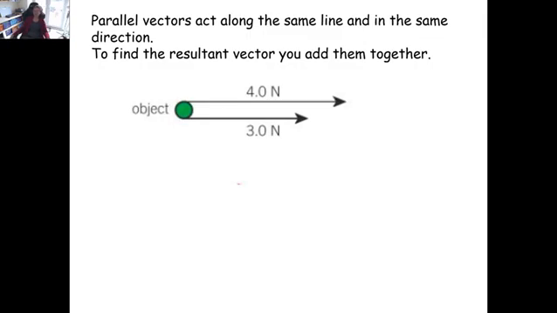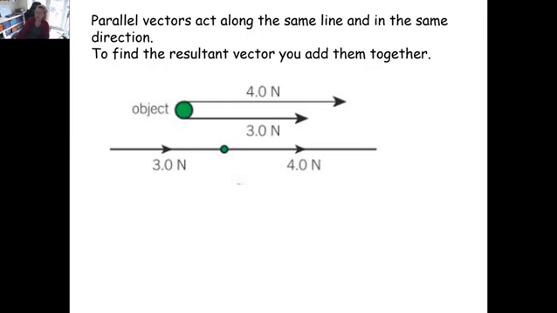So if you have two forces acting on an object, and one of the forces is 4 newtons and one of the forces is 3 newtons, then to work out the resultant force on that object, you simply add the two forces together. So you could line them up side by side like this and simply add them together. The resultant force there is going to be 7 newtons.